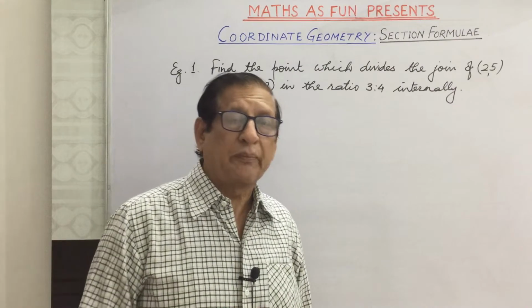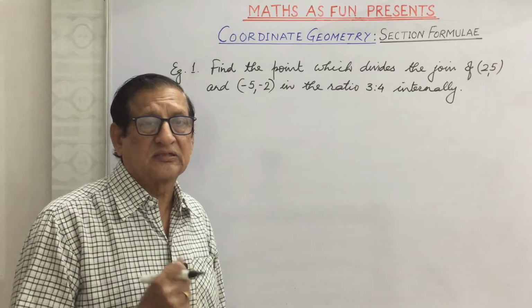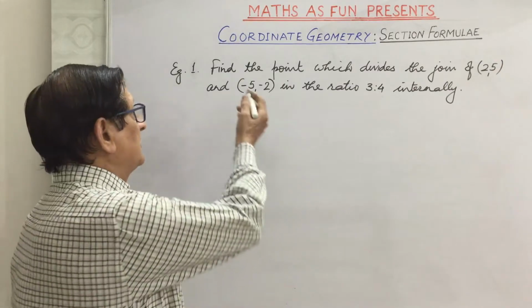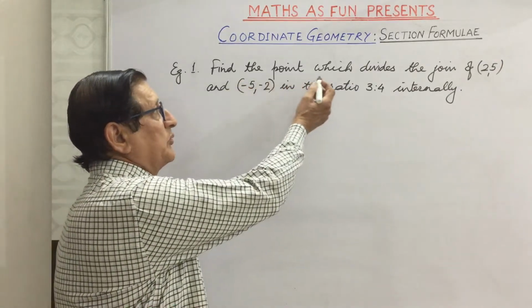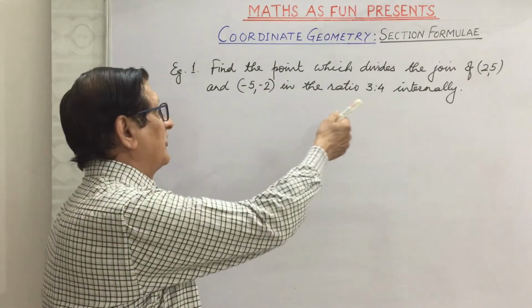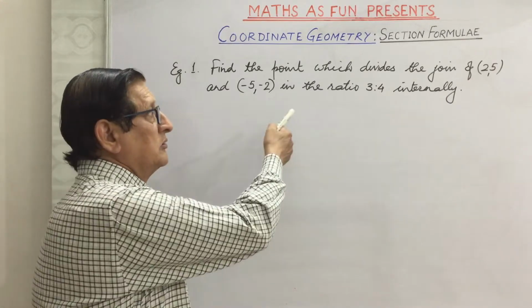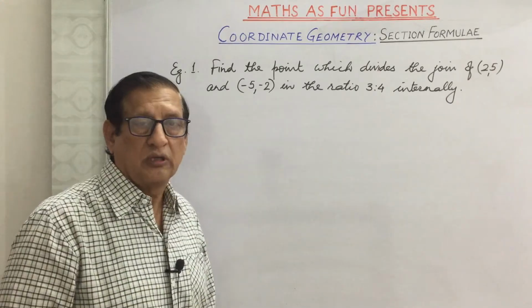To understand the application of the section formulae, we will discuss some examples. The first example we discuss here is: find the point which divides the join of (2, 5) and (-5, -2) in the ratio 3:4 internally.